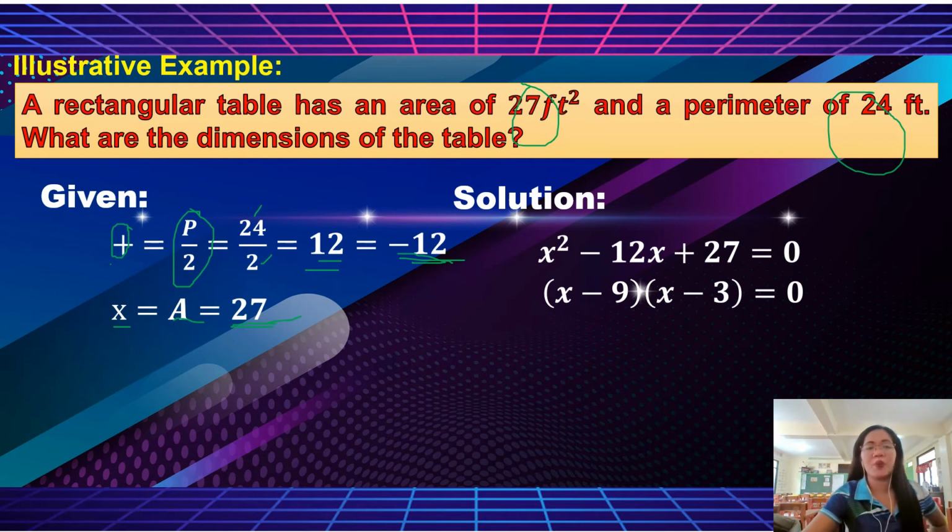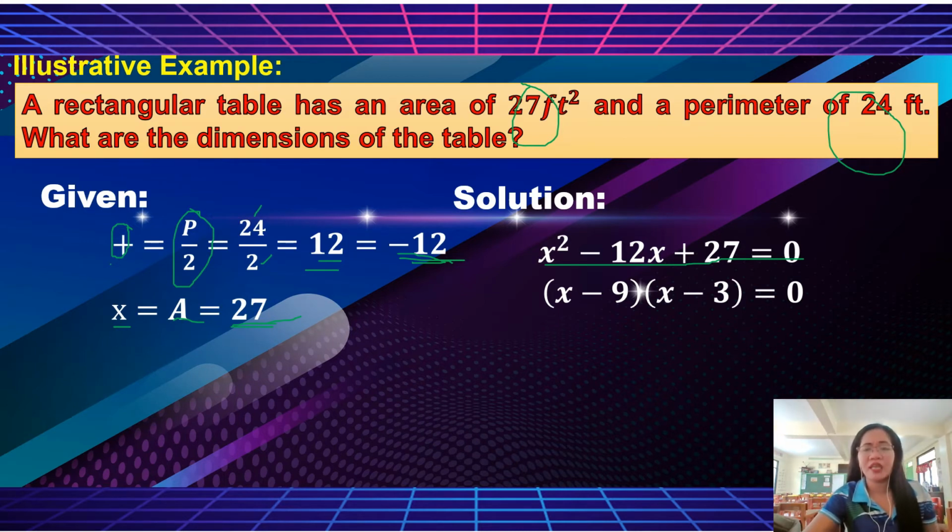Since we are going to find the dimensions of the table, we need to solve this using any of the methods for solving the roots. For me, I am comfortable using factoring, but you can use completing the square as well as the quadratic formula, depending on which is easier for you.